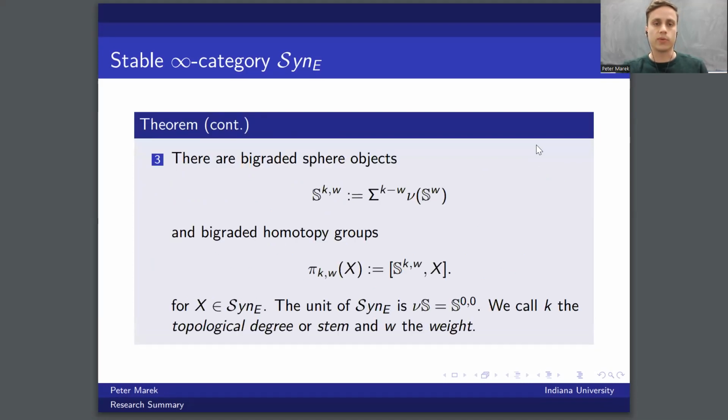In synthetic spectra, we also have bigraded sphere objects, S^{k,w}, and bigraded homotopy groups for a synthetic spectrum X, with the unit being S^{0,0}, and we refer to k as the topological degree or stem, and w as the weight.